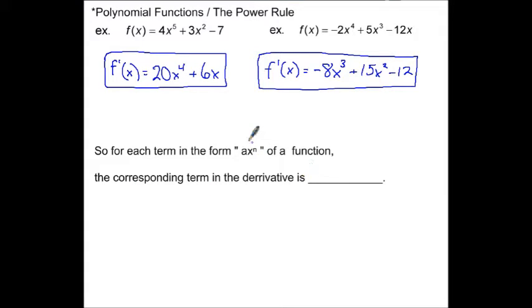Notice what happened here: 5 times the 4 made the 20, and then the 5 went down to a 4. 2 times the 3 made a 6, the second exponent became a 1, and then here was a constant term, so it just disappeared because it became a 0. 4 times 2 became the 8 with a negative attached to it, and the exponent dropped down to a 3, etc. So each term that looks like this, you take the n, the exponent, out in front times whatever coefficient was there, and then the x stays, although it loses one power as it goes. In the case of just a first power, of course, it disappears completely. But basically that's what you got.